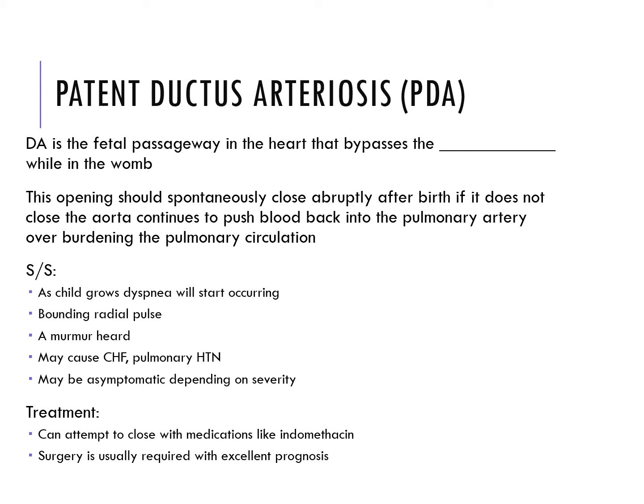Remember, this should close within hours after birth. Some signs and symptoms: as the child grows, dyspnea will start occurring. Bounding pulse, rapid pulse. A machinery-like murmur is heard. May cause congestive heart failure or pulmonary hypertension. They may be asymptomatic depending on the severity.